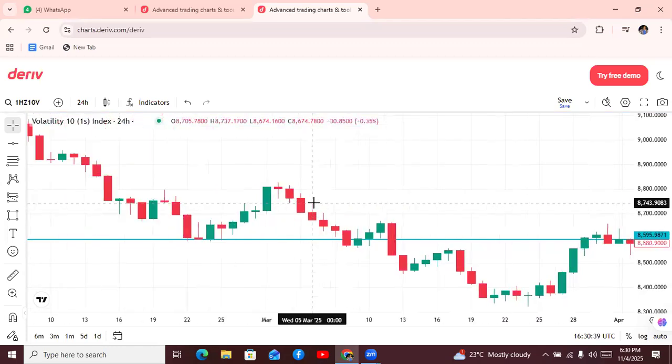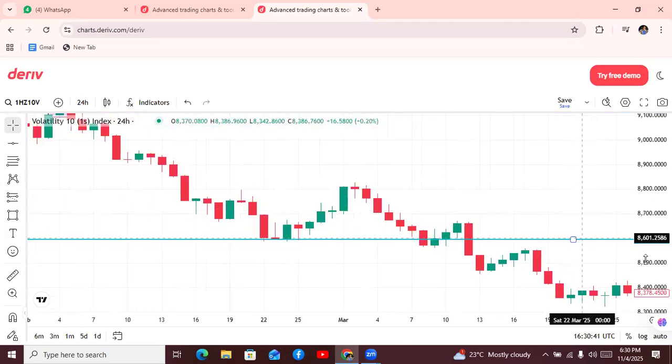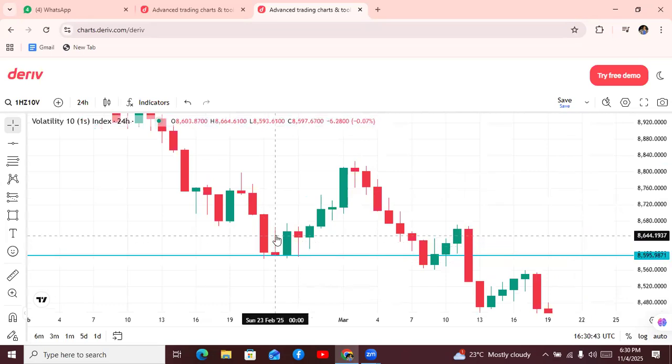What candlestick is it, the one in the middle? That will be a shooting star. Is this shooting star at the right place? Is it at the place where we are supposed to identify it for it to work?